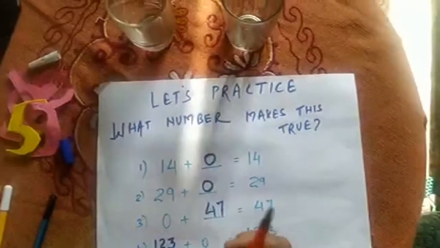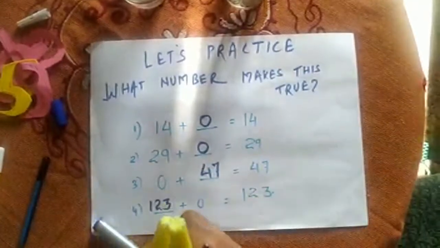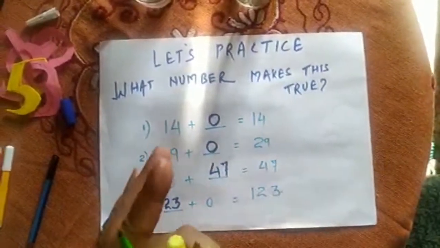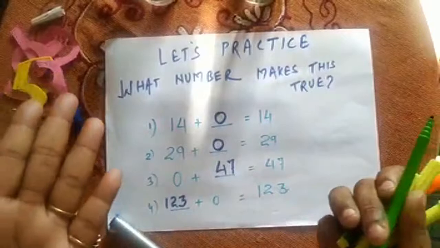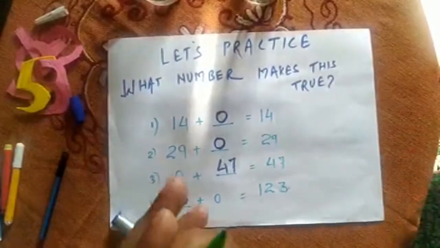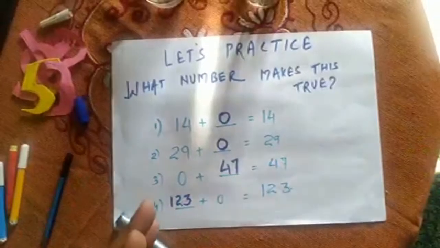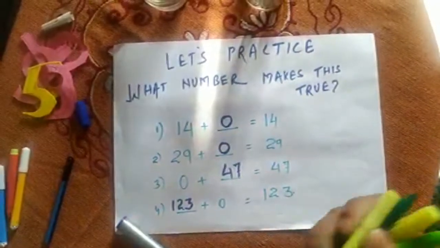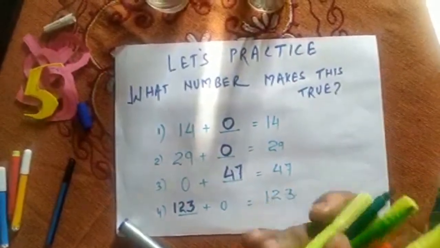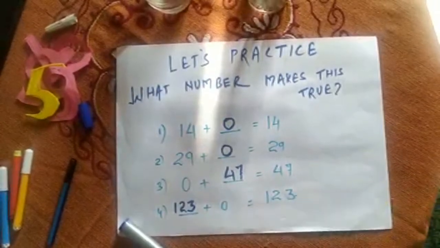Again, if I have 6 pens and 0 pens, how many total pens are there? 1, 2, 3, 4, 5, 6. So it proves the identity property of addition.